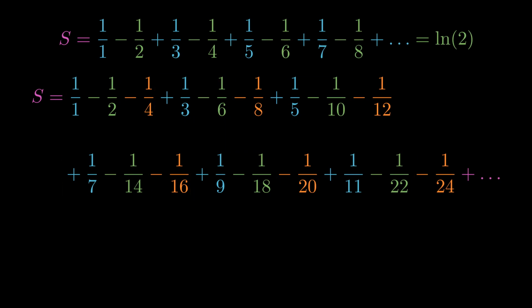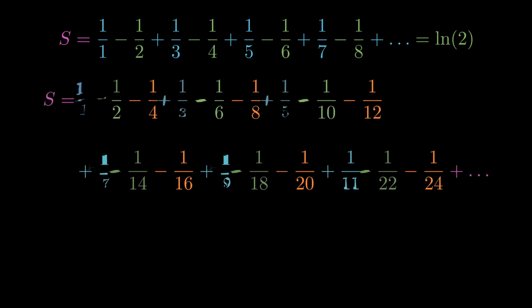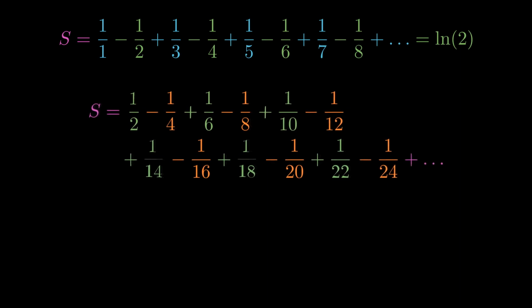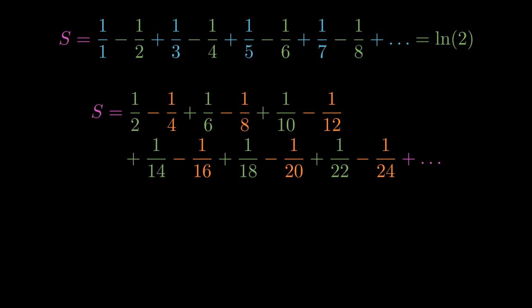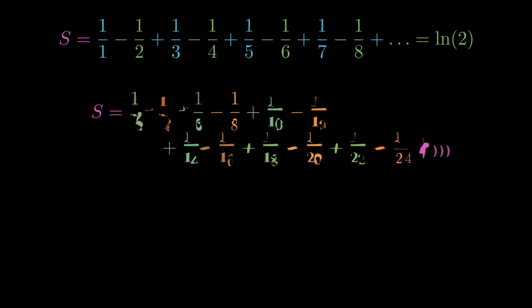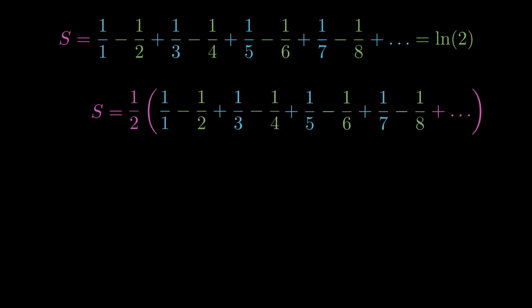And if you just carry out that calculation, the series now takes the form 1/2 minus 1/4 plus 1/6 and so on. It is obvious that I can take 1/2 common out from this, but the moment I do that, what I am left with is 1/2 times a series which is nothing but my original series S itself.